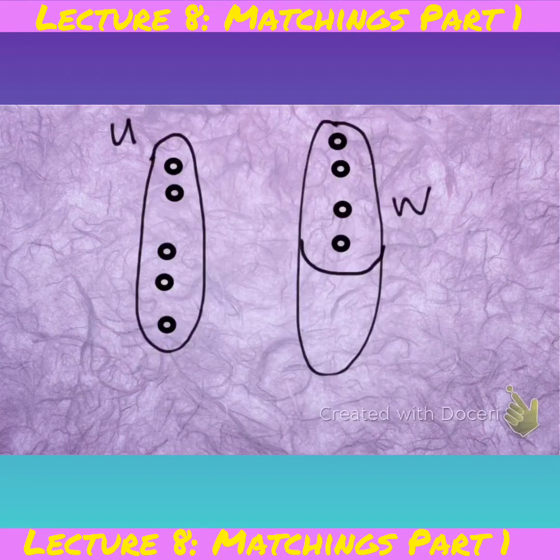Okay, so it would probably be nice to just illustrate this. If we look at our two sets U and W, and let's say there's a matching that matches every vertex in U to a subset of W, so let's say we have this matching here.